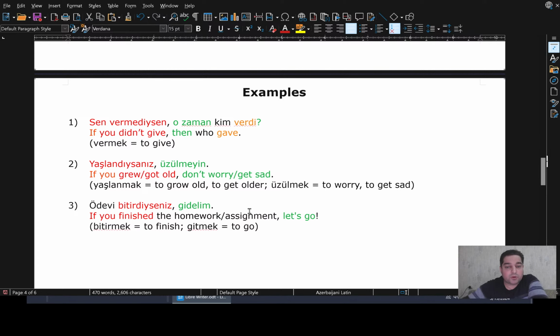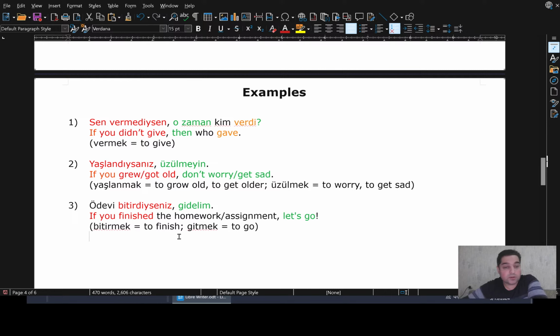Third one, imagine you promised your child to go to the cinema after the homework is done. And you come and say, if you have done your homework already, we can go. Okay, let's go. "Ödevi bitirdiysen", now it's plural, right? Here it's plural. It means probably a couple of children. So, "ödevi bitirdiyseniz gidebiliriz" or "gidelim".